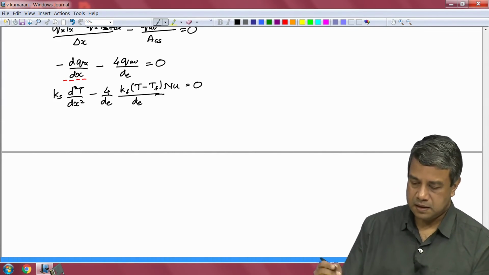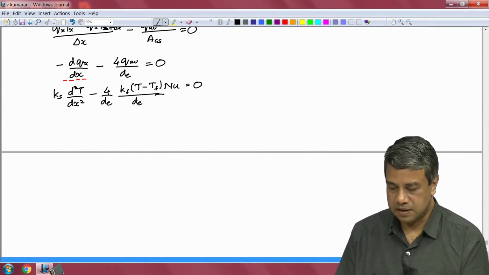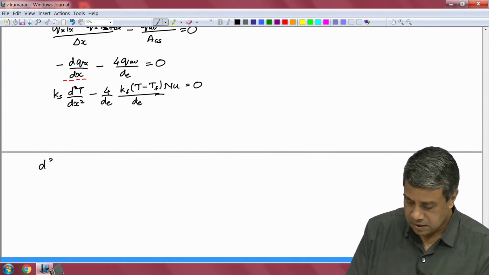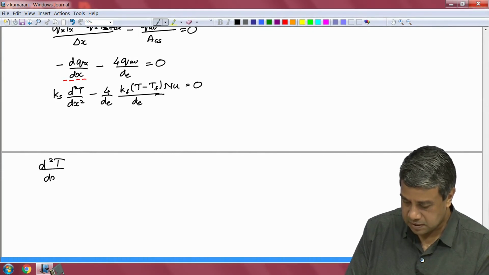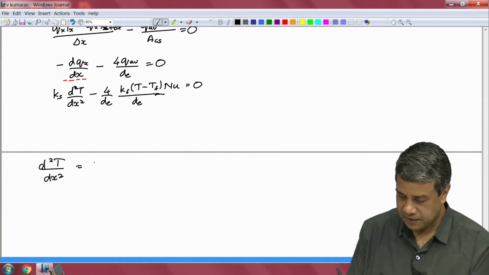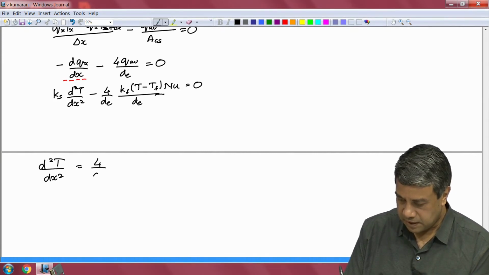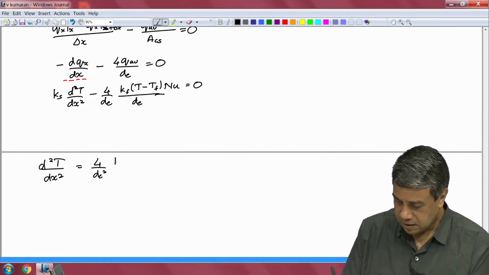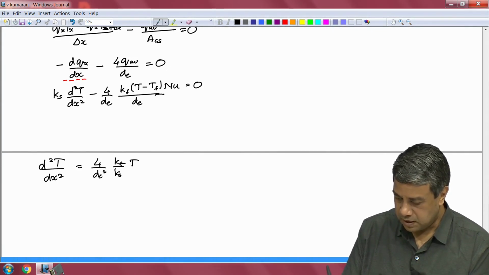And I take the second term on the left to the right side, and I will get d square t by dx square is equal to 4 by dE square kf by ks into t minus tf into the Nusselt number.